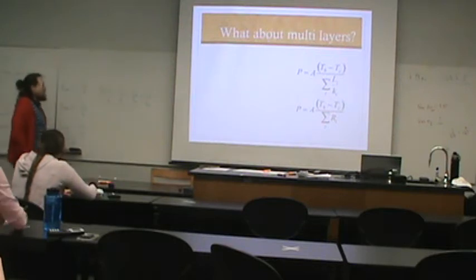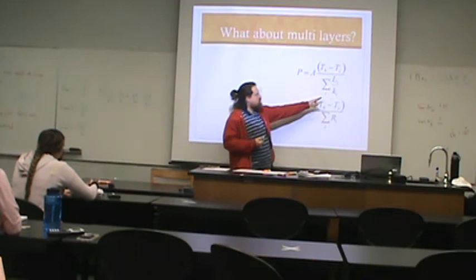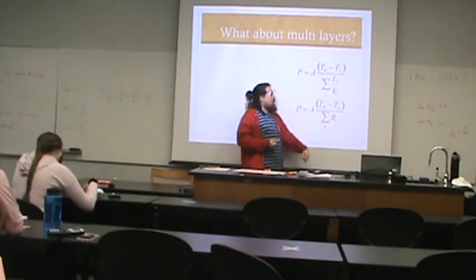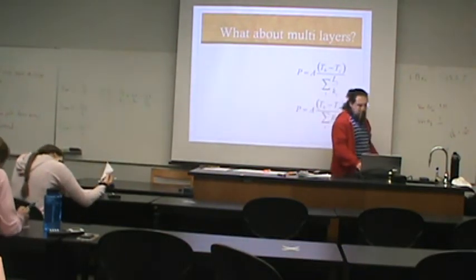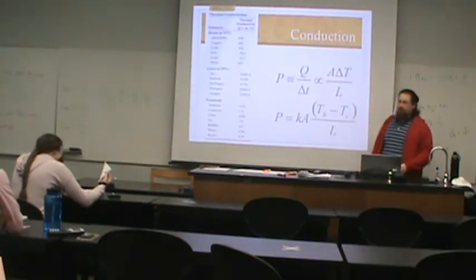And that is how you can account for multiple layers with the same formula. And since this is still the same K as before, we could still use the constants we've been using.